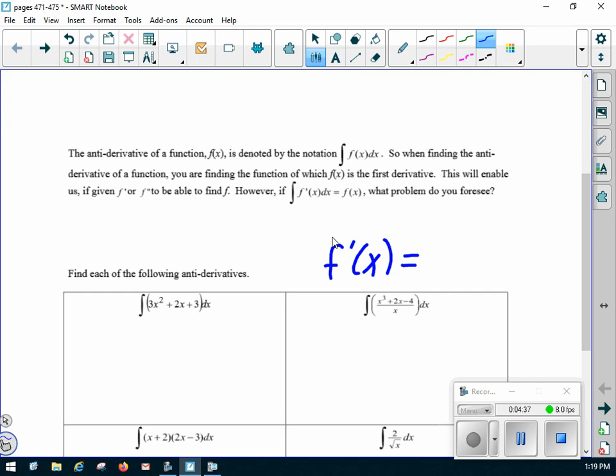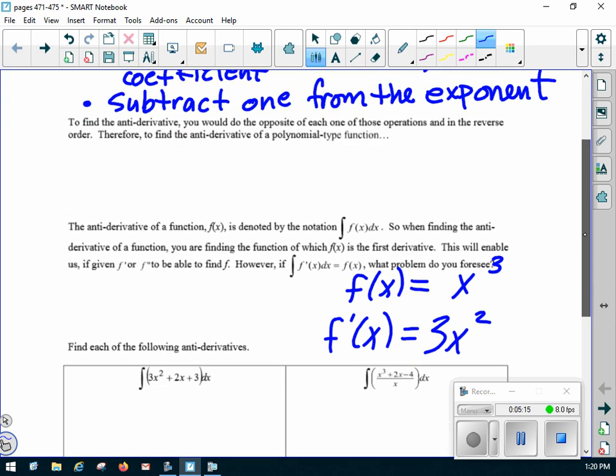I just want you thinking in your head. I'm going to start with an easy one. If this was the derivative, what was the function? How did you figure that out? There you go. You add 1 to the exponent, and you divide what now? You divide the coefficient by that new exponent. That's exactly what you do.